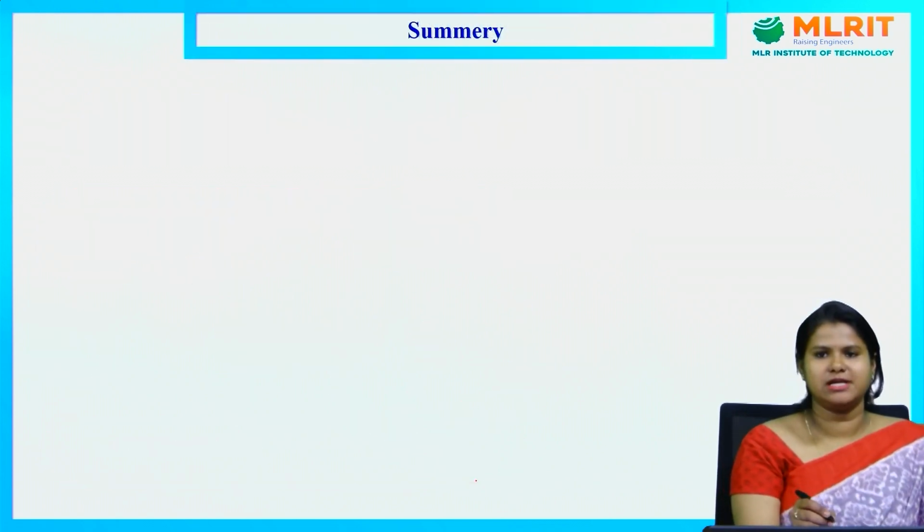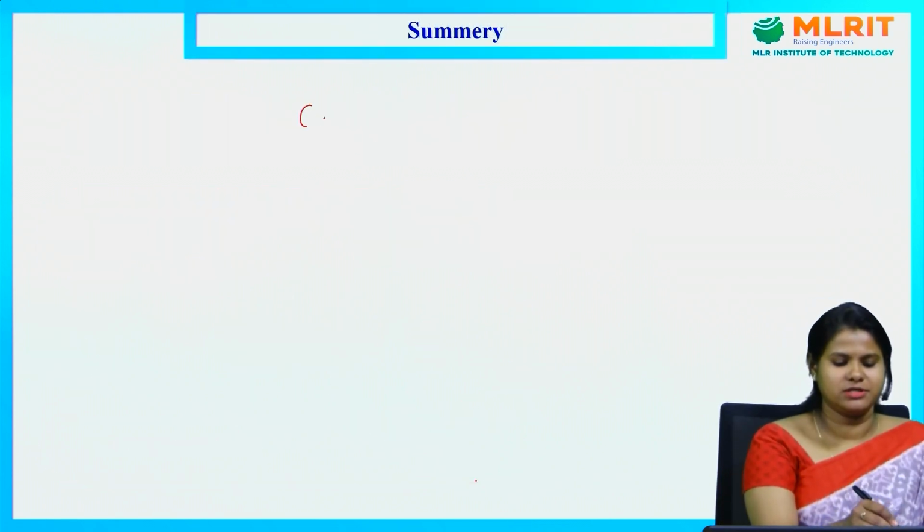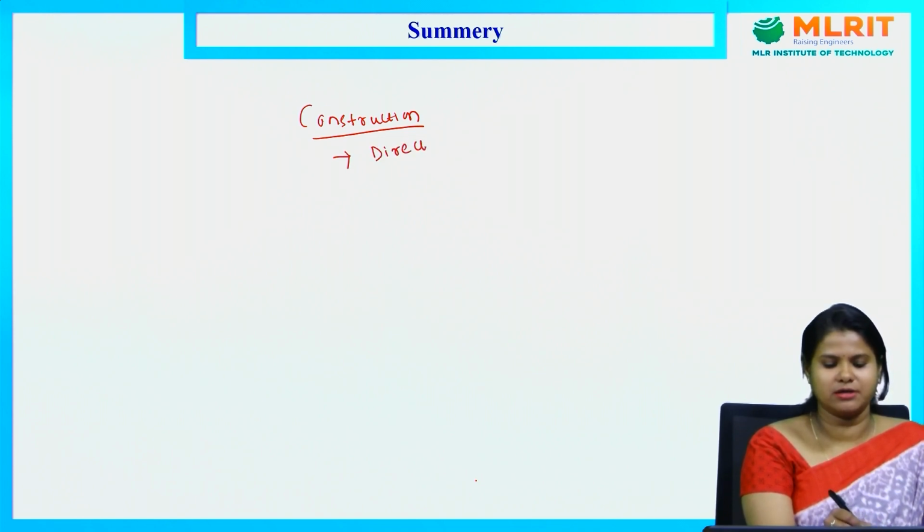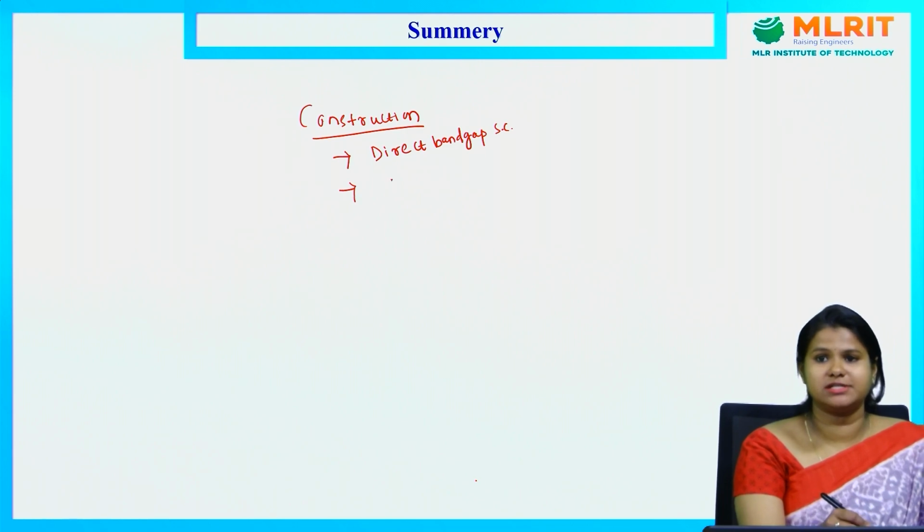So in this lecture, I have discussed the construction of the LED. LEDs are constructed out of direct bandgap semiconductors, and these are specially designed forward biased PN junctions.